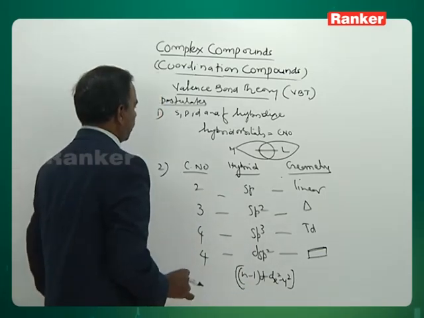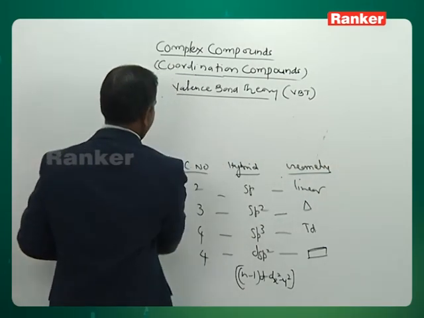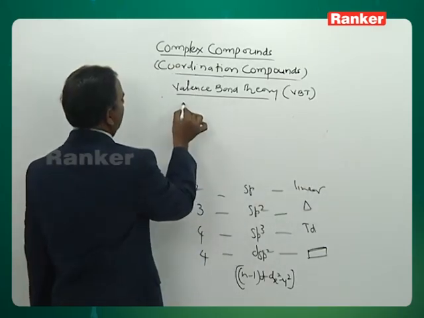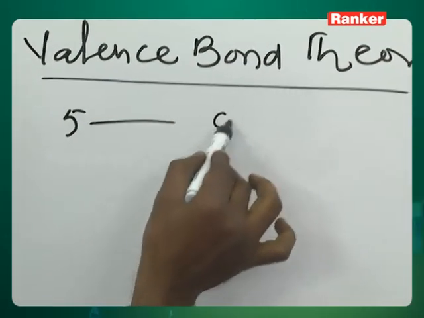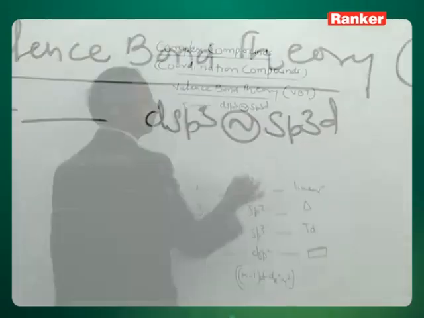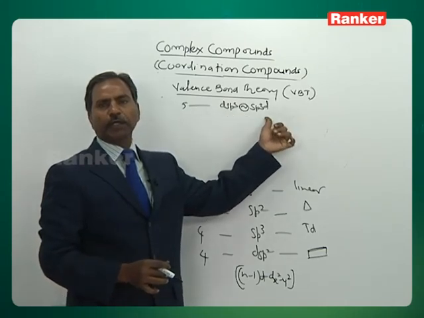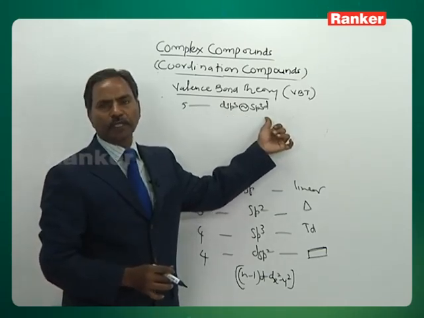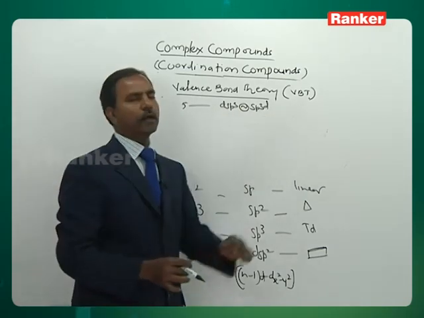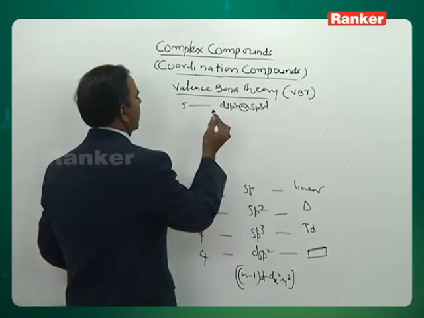Next, coordination number 5. That is contained in the same table. Once you take coordination number 5, then the possible hybridization is dsp3, or you can take sp3d. dsp3 stands for inner orbital complex, and sp3d stands for outer orbital complex. And again, out of 5 d orbitals, which d orbital is participating in this hybridization?